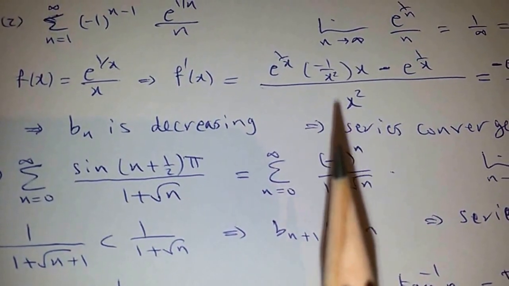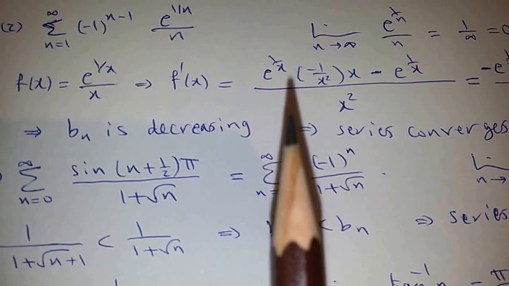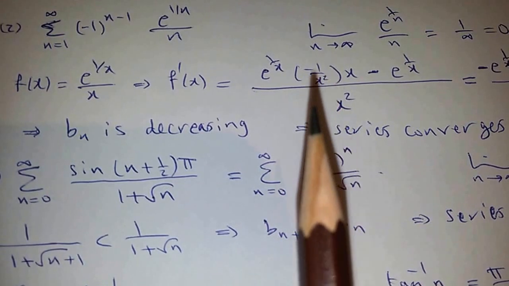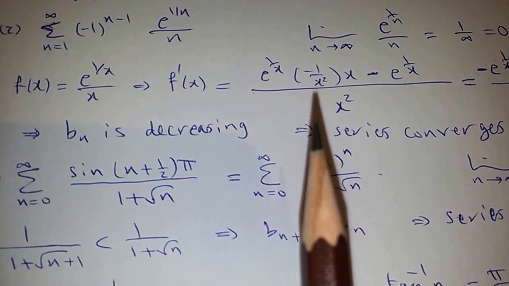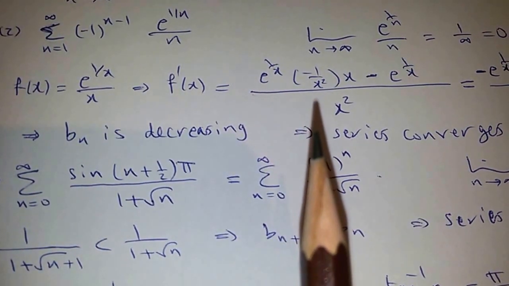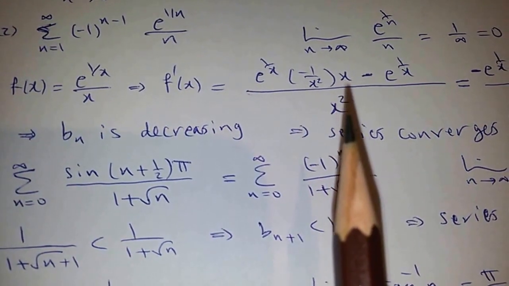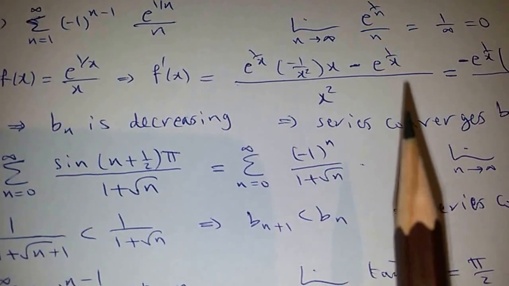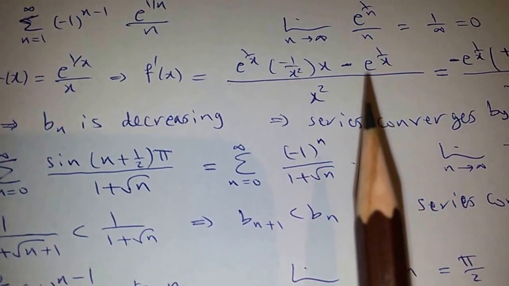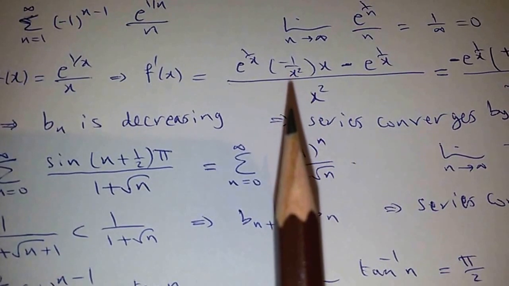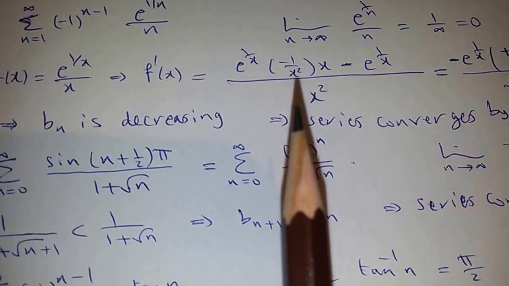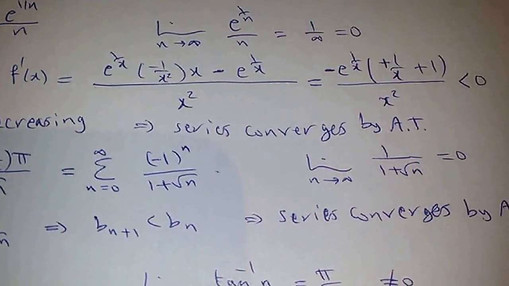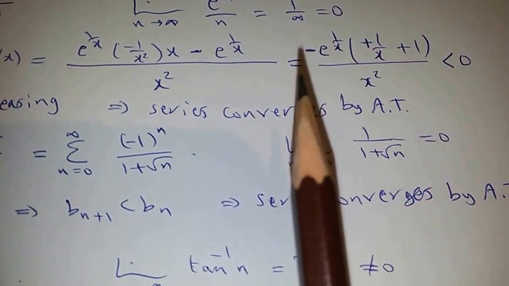x squared is the denominator. Quotient rule: the derivative of the numerator, e to the power 1 over x, times the derivative of 1 over x, which is -1 over x squared, times the denominator, minus the derivative of the denominator, which is 1, times the numerator, e to the power 1 over x. Now, x times 1 over x squared would be 1 over x. And if you take -e to the power 1 over x as a common factor from the numerator, it would be like this.